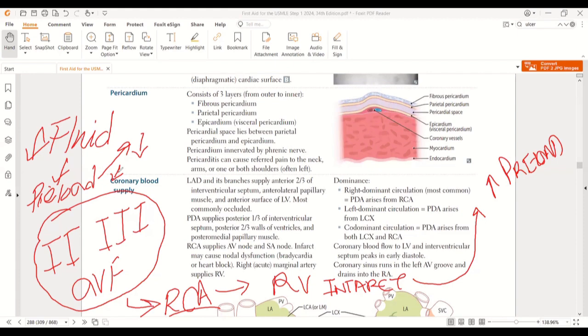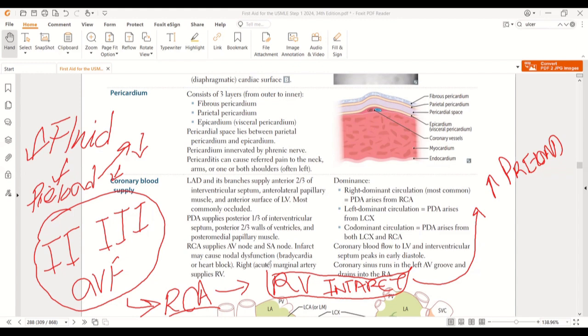But in this case, we avoid nitrate. In right ventricle infarct, we avoid nitrate. The patient presents with severe hypotension, and in this case, we give IV fluid, right? Yes.